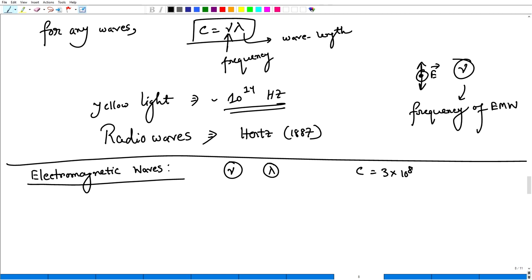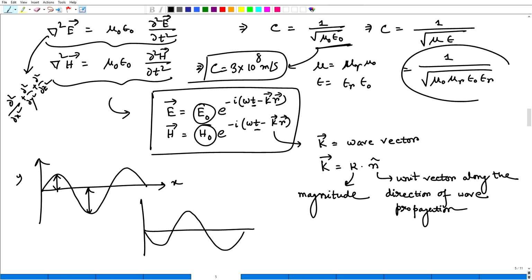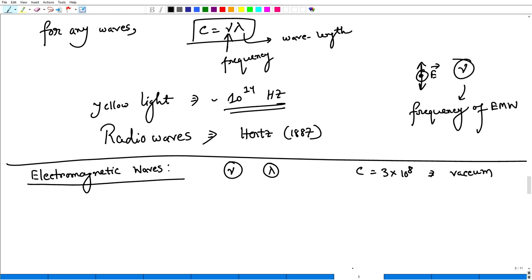Mind it, this C is in vacuum, obviously. What happens in other media? This equation is valid, and C should be less than 3 into 10 to the power 8 meter per second. Okay. Because in vacuum it is mu 0 epsilon 0, and mu r and epsilon r are greater than 1. So, that is why this will be less than 3 into 10 to the power 8.